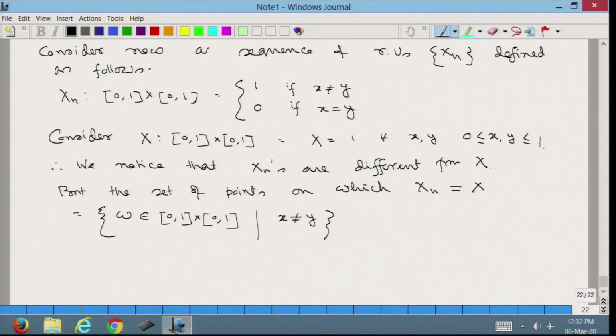If we call it A, then the probability of A is equal to 1. Therefore, X_n converges almost surely to the random variable X, which takes value 1 throughout the entire unit square.